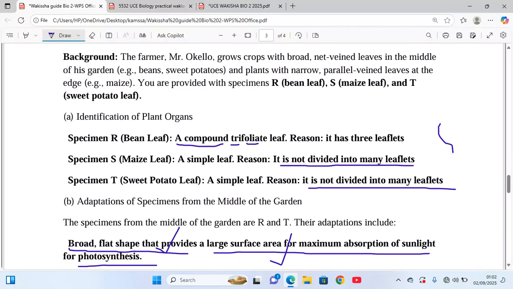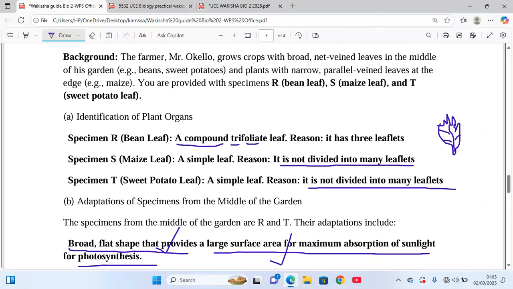Why? Those who do not differentiate them, you find a leaf like this, and you say, because you're seeing those things, it has become a compound leaf.